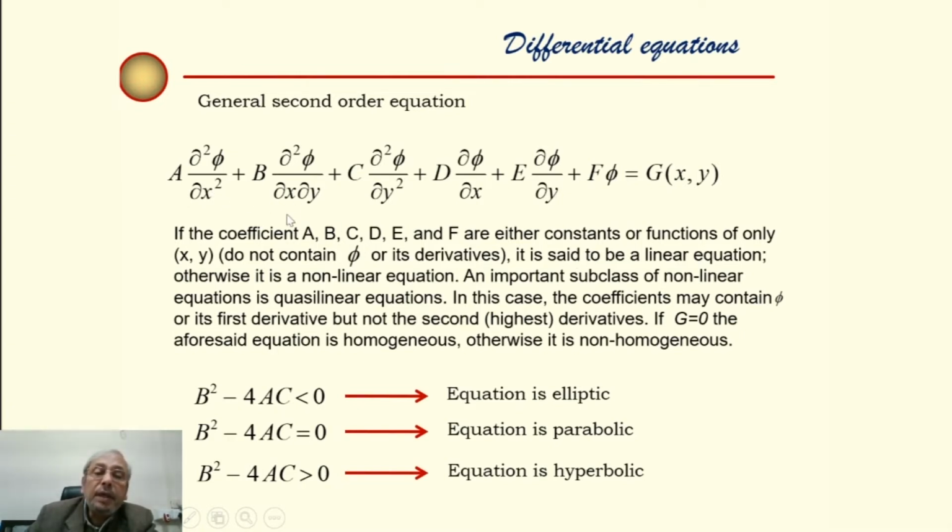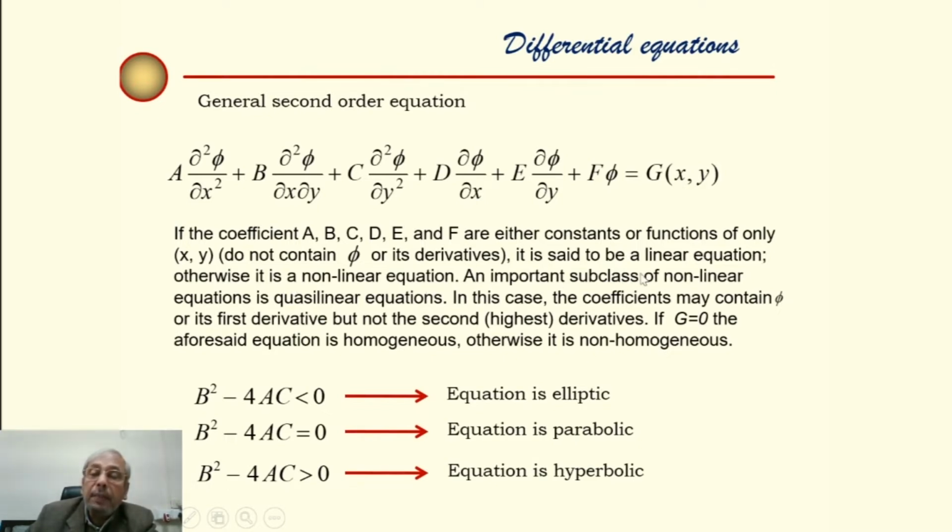That means these coefficients are either constants or functions of only x and y. They do not contain phi or its derivatives, then it is a linear equation. Otherwise, it is a nonlinear equation.